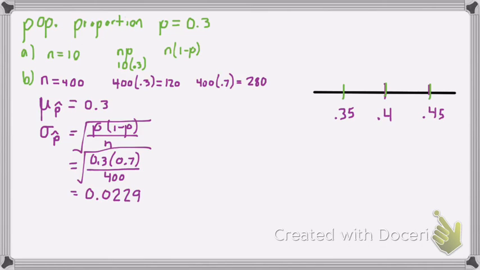So my inflection points are going to be here about 32, 2 standard deviations about 34, and 3 standard deviations about 36. And then the same thing on the other side, 1, 2, 3 standard deviations spread out about 2% each. So my distribution is going to be centered here with inflection points there and there. So it's going to look something like this. It's going to be my sampling distribution.